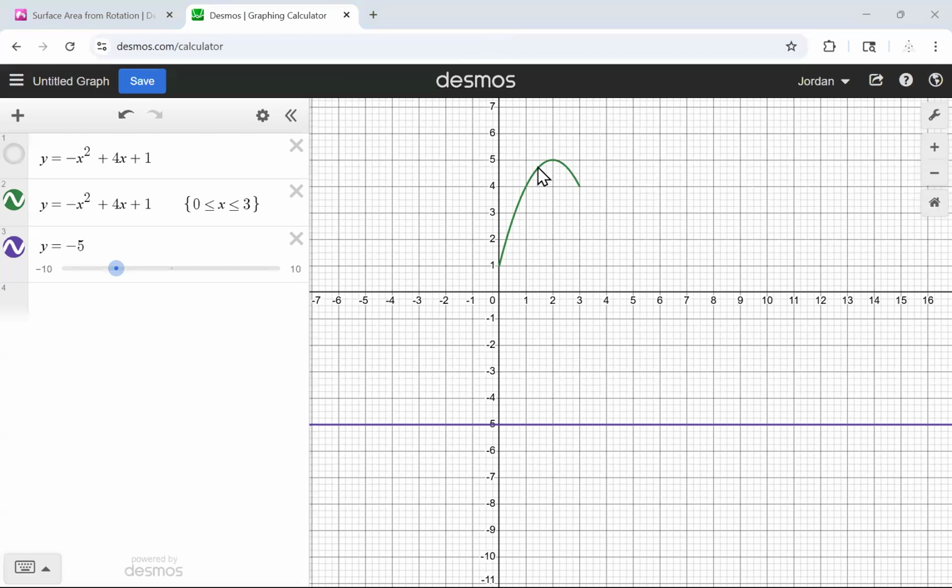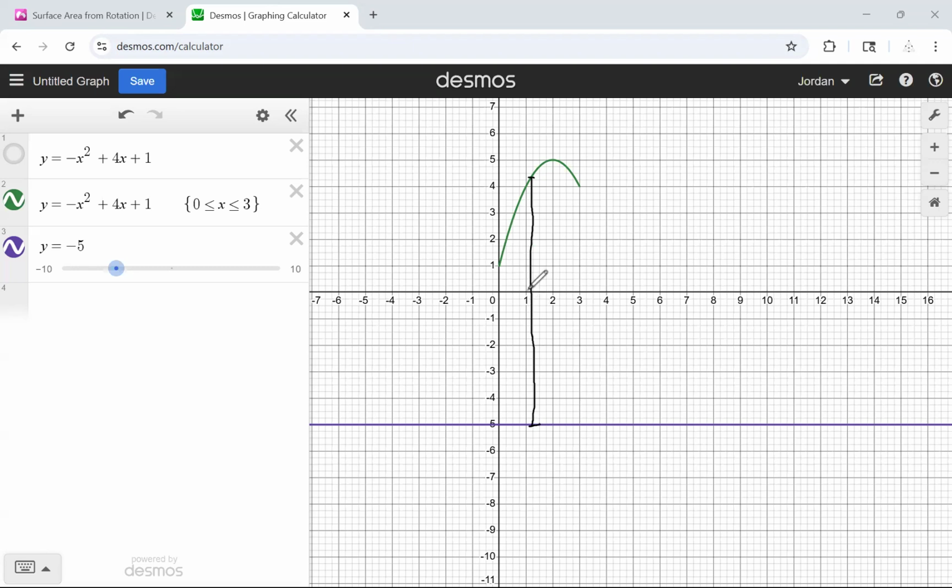So same graph that we had earlier in 2 dimensions, but now I'm going to rotate around y equals -5. If you think about taking any spot on here, the radius is going to go all the way from the top of the curve down to the line I'm rotating it around.